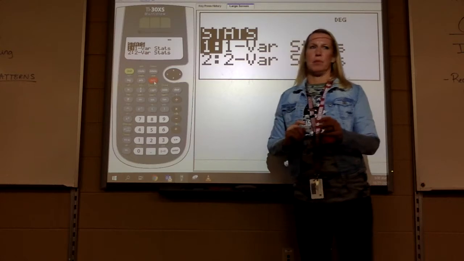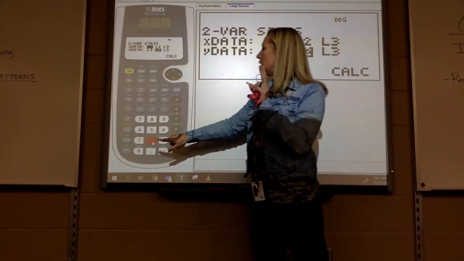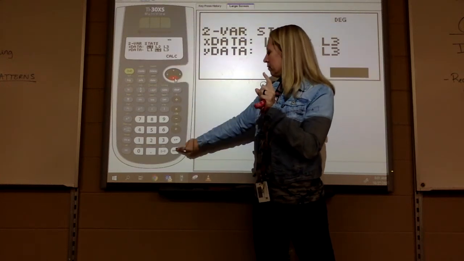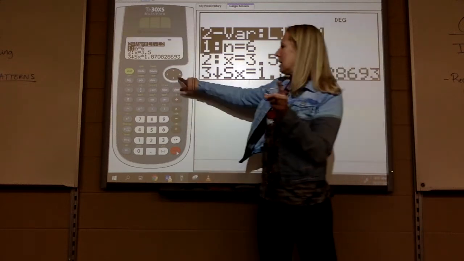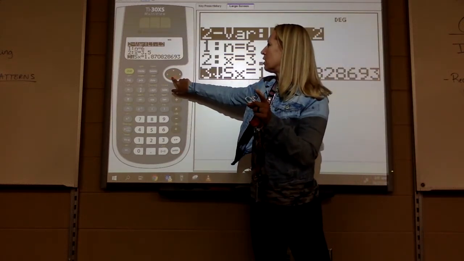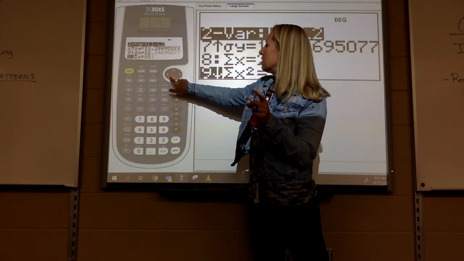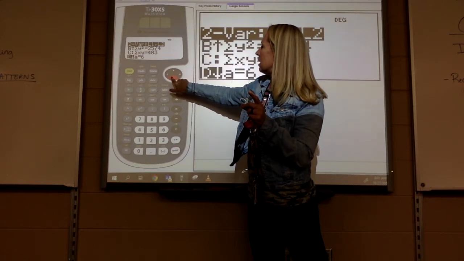How many variables? 2. So hit the number 2 and highlight the word calc. You will scroll down to capital D and capital E.